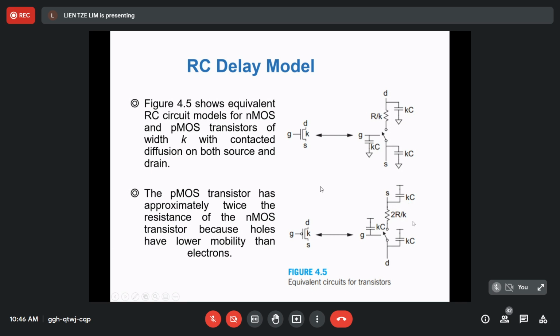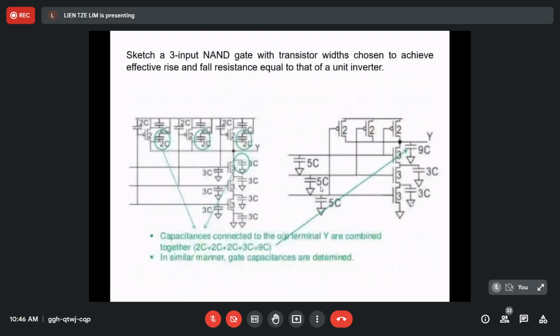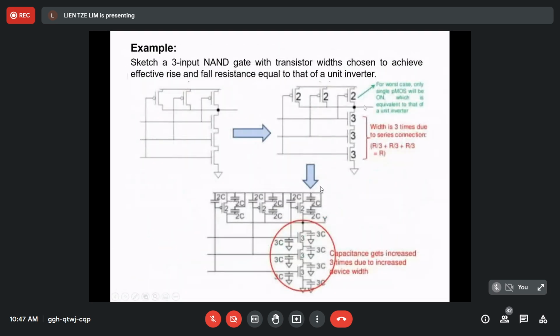Later on, the examples that I show you with the solution are based on this slide. All the capacitance are determined with the use of this diagram. After we determine the width, we can draw out the capacitance and resistance.